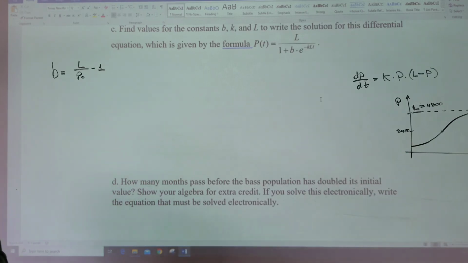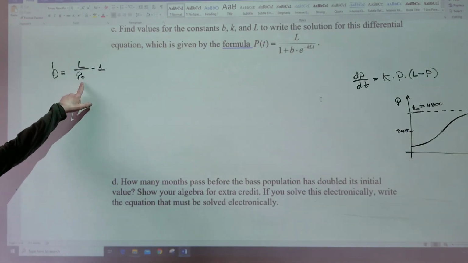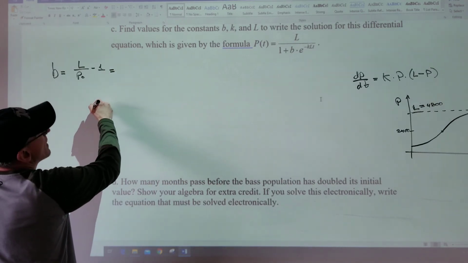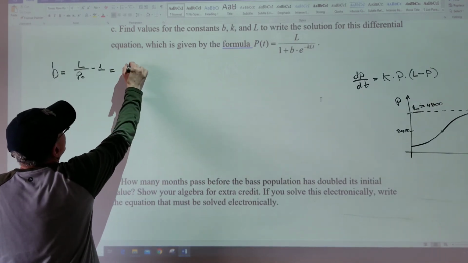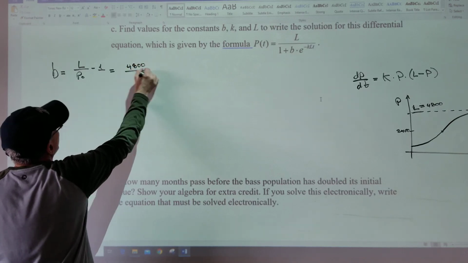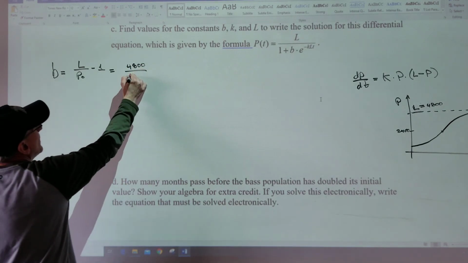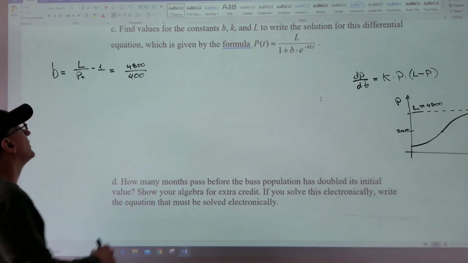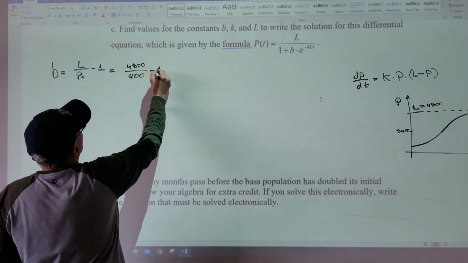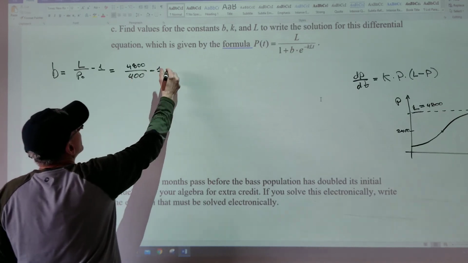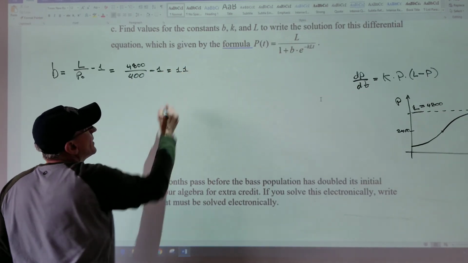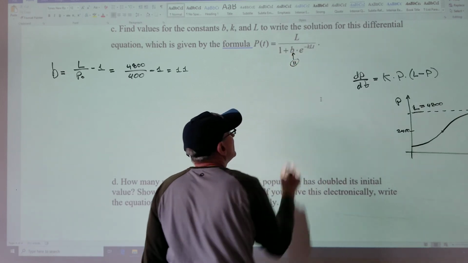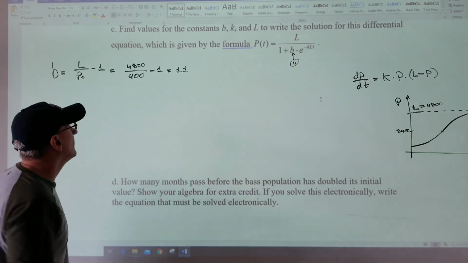It's L over the initial population minus 1. So let's see, that's 4,800, I think we had fish. We started with 400. And I'm just going from memory, but that's what's up in the assumptions up there. Minus 1. So that's 12 minus 1 is 11. So I know I'm going to have an 11 right here. And then the other thing I think you should do is compute what K times L is.